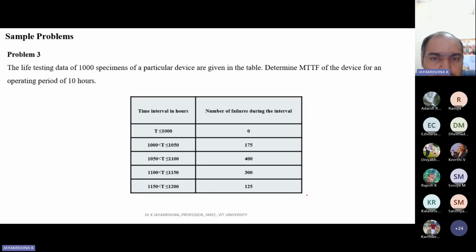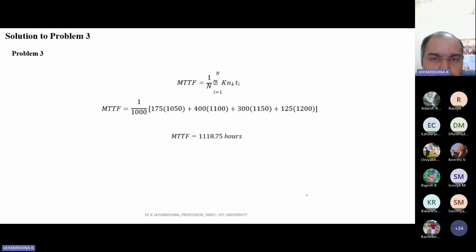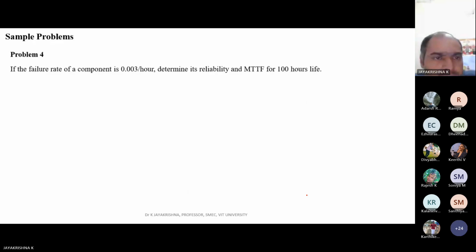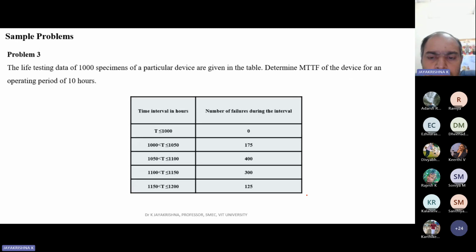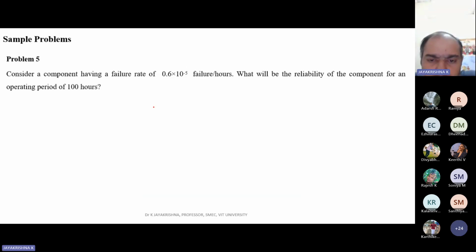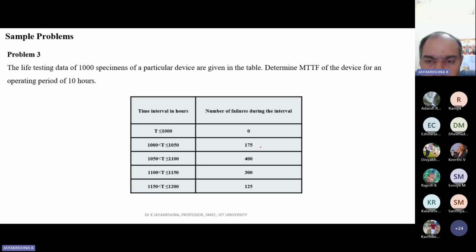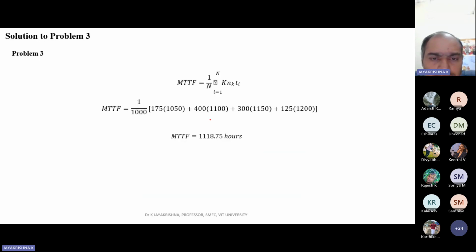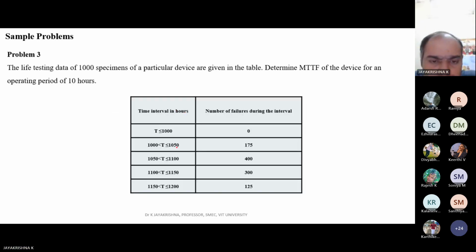Now this is a large sample. So what you are going to do is multiply each failure count by its time. The first case is no problem. For the second case, 175 into 1,050, because this is the duration.